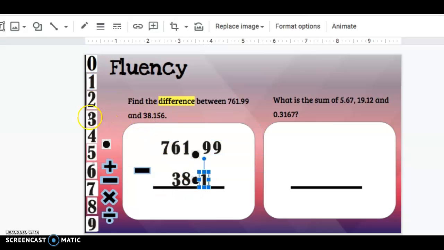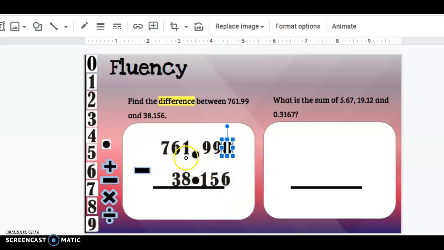The 5 is in the hundredths column, or place value. And the 6 is in the thousandths place value, so I'm putting that in the thousandths. I do not have a number in the thousandths place value in my first number, so I'm going to put a 0 as a placeholder to make sure that I'm staying in the right place value when I subtract.